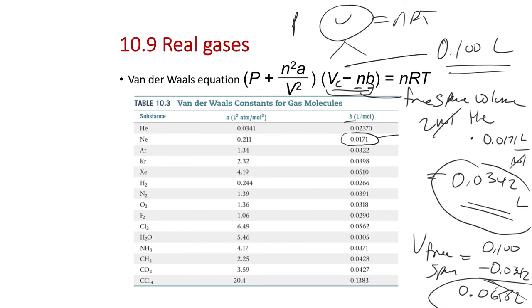And then if we think about intermolecular forces, pressure is being lost when particles are sticking together. So if we can add the pressure back in by however many particles were stuck together, that can fix our pressure calculation due to intermolecular forces. So this part is trying to work out our intermolecular forces, or attractive forces between our molecules.